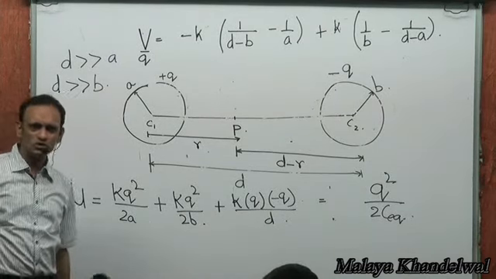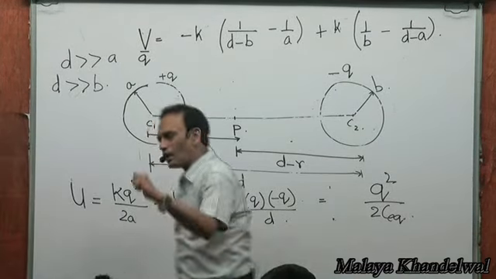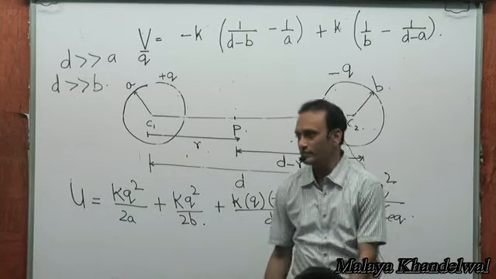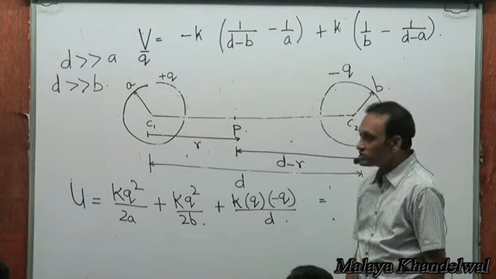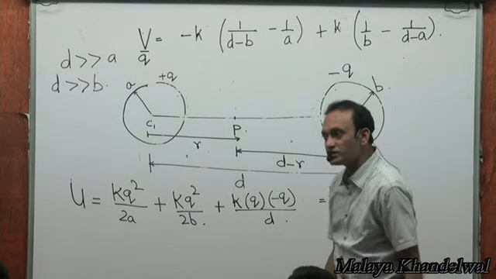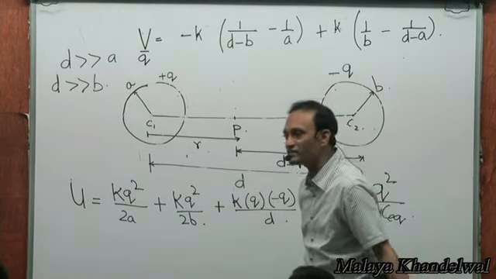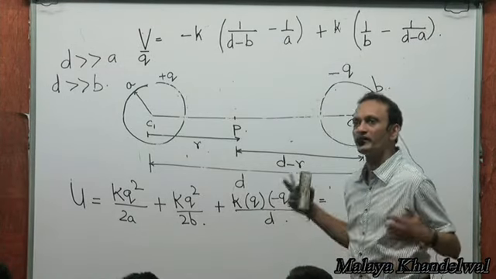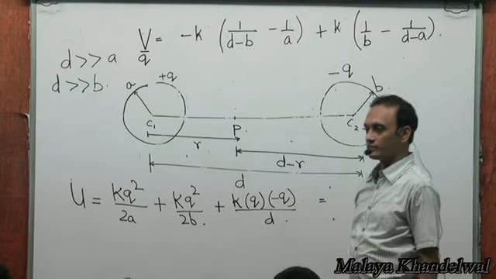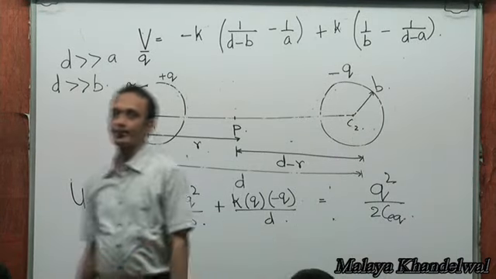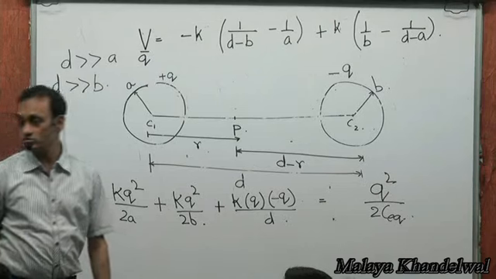Never on one occasion did I say it will be mod. These are not kinetic energies, these are potential energies. They could be positive, negative and zero. K Q1 Q2 divided by R would be the interaction energy. So far so good, right?